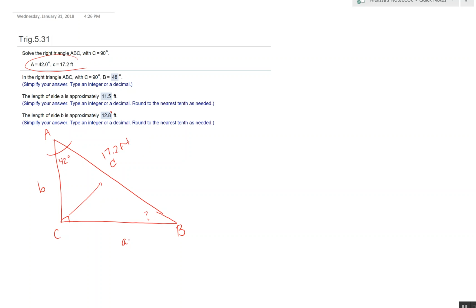So first I'm going to solve for angle B because it's the third angle in the triangle, and I don't have to do any trigonometry to solve for a missing angle if I know the other two. So angle A plus angle B plus angle C in any triangle will always add up to 180 degrees. So right now I know that angle A is 42 degrees.